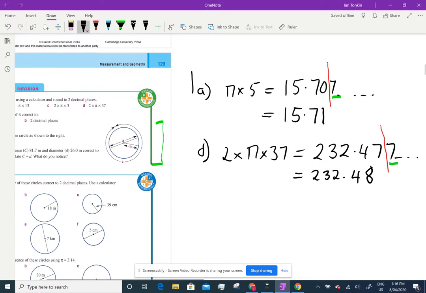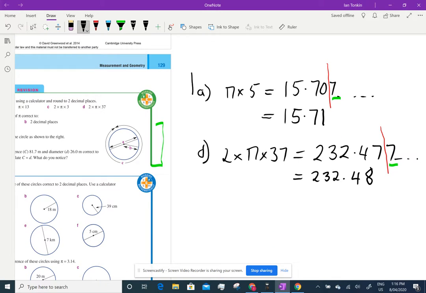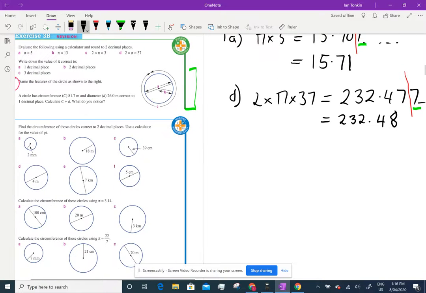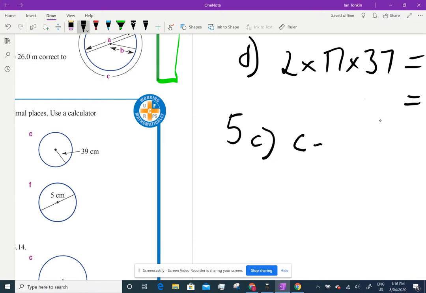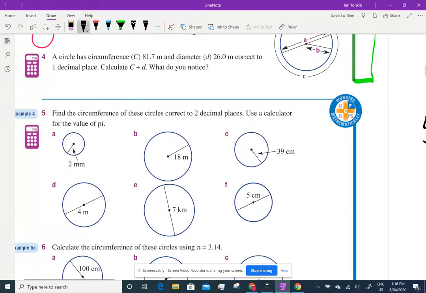Let's have a look, because you've done question 3, and a couple from 5. I'm only going to do 5, C and F. You do the rest. 5C. Okay. What's our formula for circumference? Pi times the diameter. Well, pi, it's in the calculator. Over here, they haven't given me the diameter. They've given me the radius.